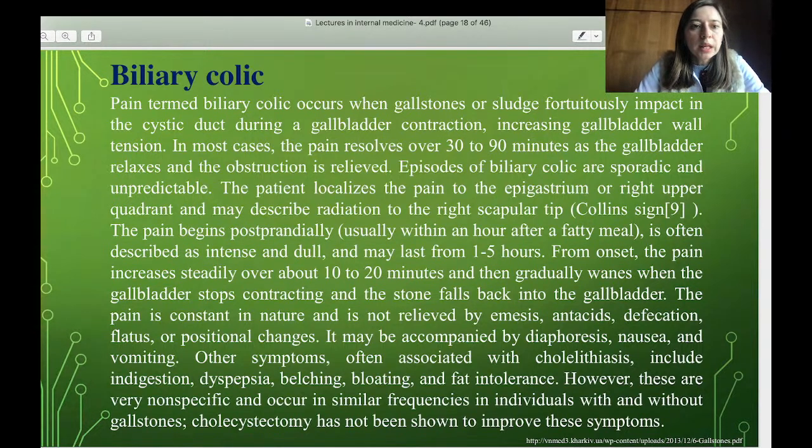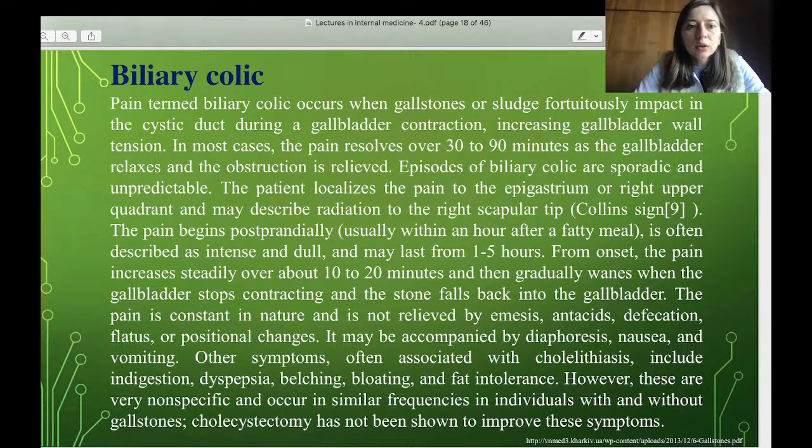The pain begins postprandially, is often described as intense and dull, and may last from 30 minutes to 5 hours. From onset, the pain increases steadily over about 10 to 20 minutes and then gradually wanes when the gallbladder stops contracting and the stone falls back into the gallbladder.